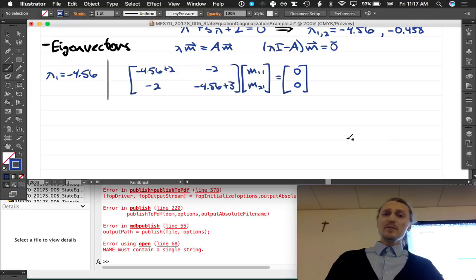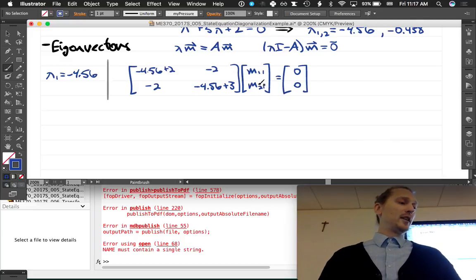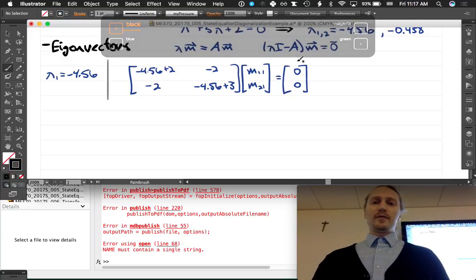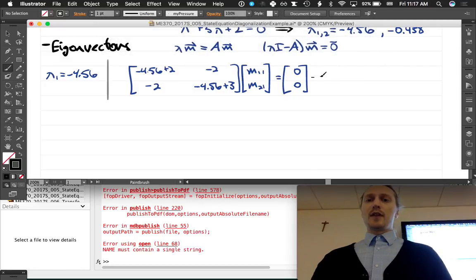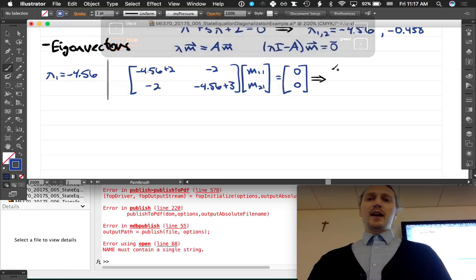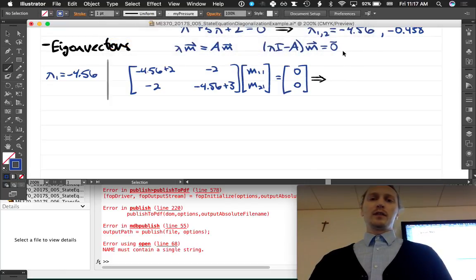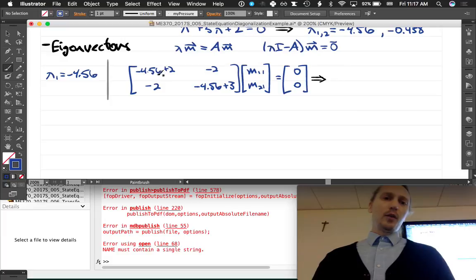So this first row actually is an equation, right? So let's write that equation. It says that negative 4.56 plus 2 is negative 2.56, good.